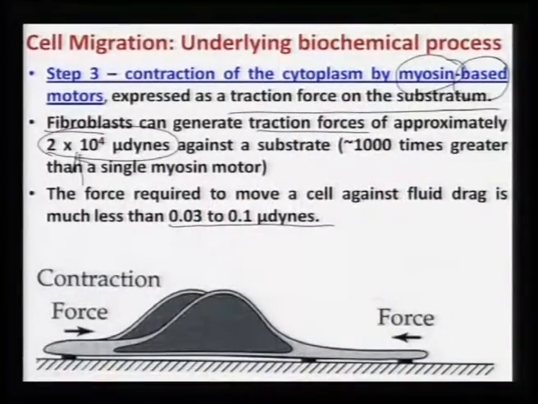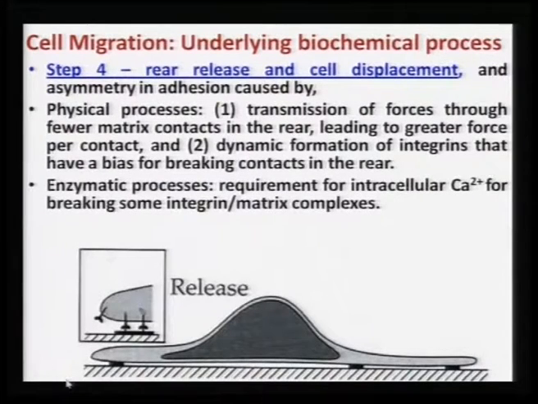As I said earlier, a feel for the numbers is important. You have to understand how small the force is that is required for cell migration to take place. Step 4 is the rear release and cell displacement.